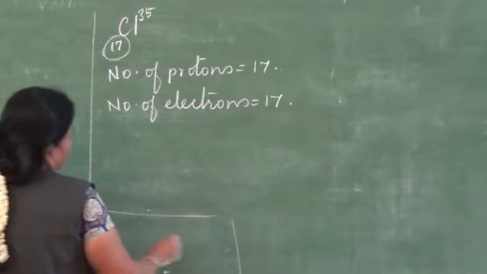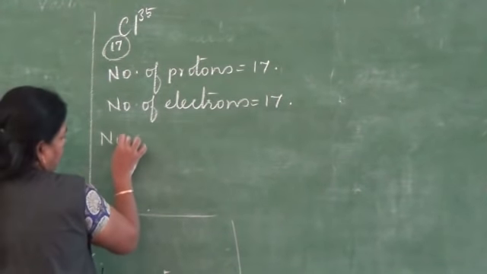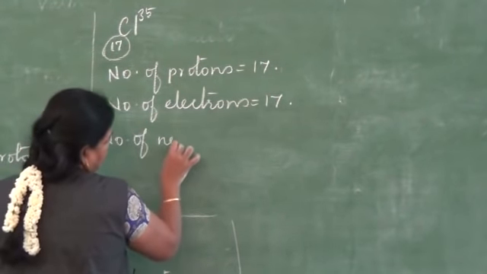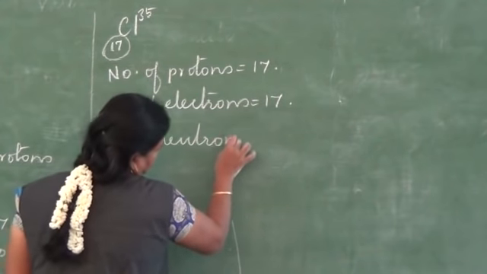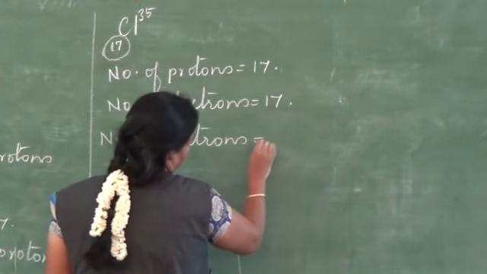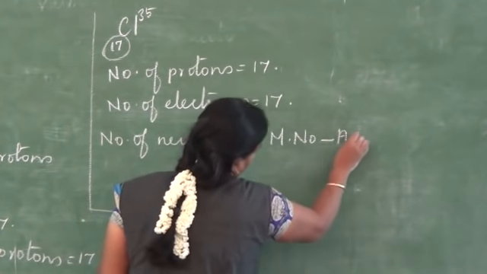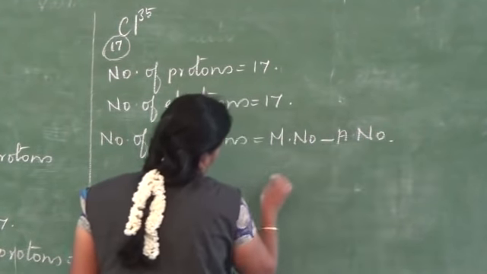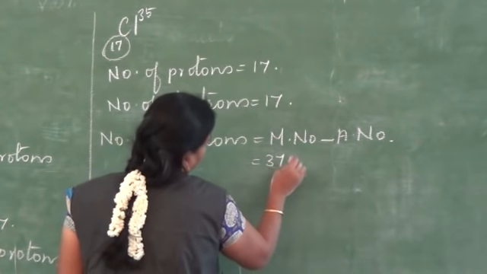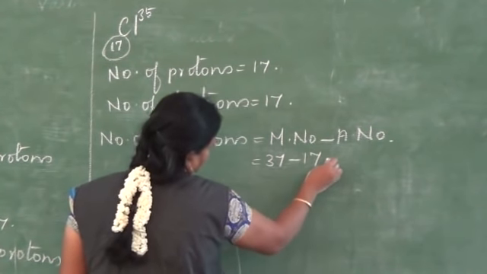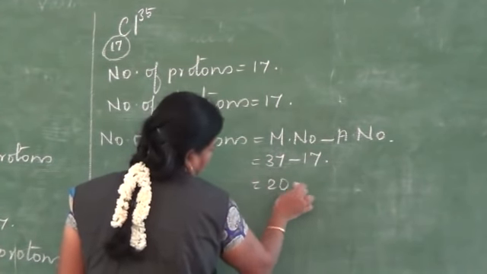Then how to find out the number of neutrons? Mass number minus atomic number. Therefore, 37 minus 17 is 20.